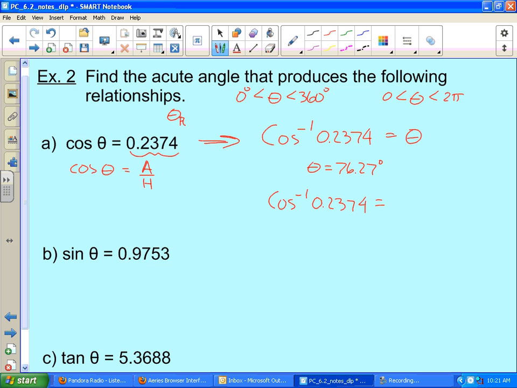Okay. 1.33 radians. So that's the same thing. If I were to do the stuff we were doing yesterday, these two are equivalent. One's just in degrees and one is in radians. So if you did the conversion, it would come out like that.